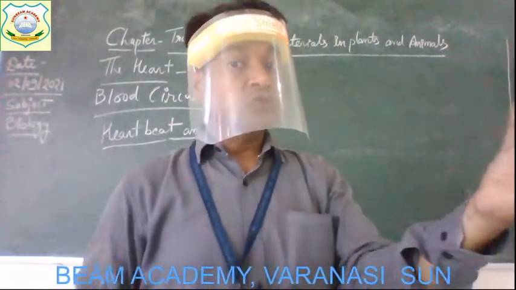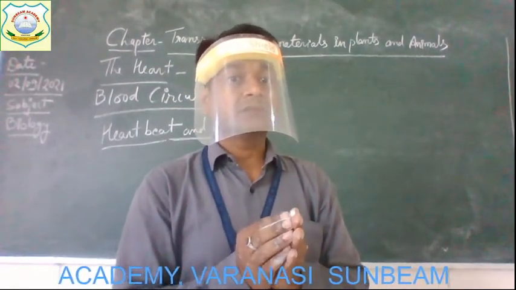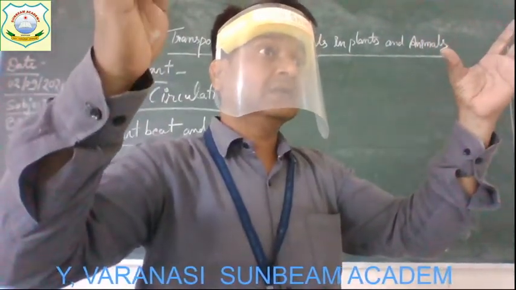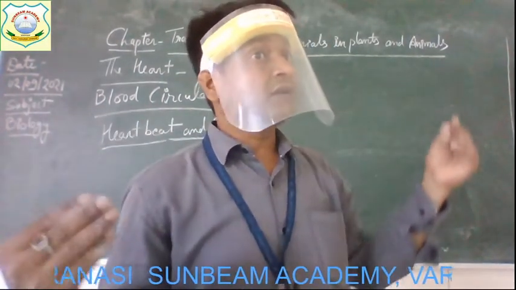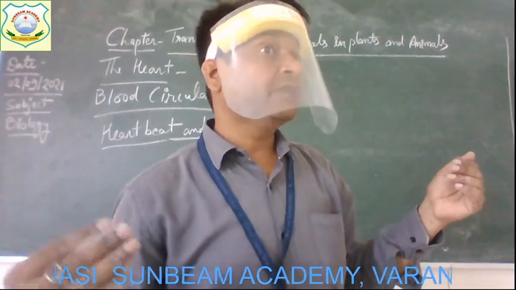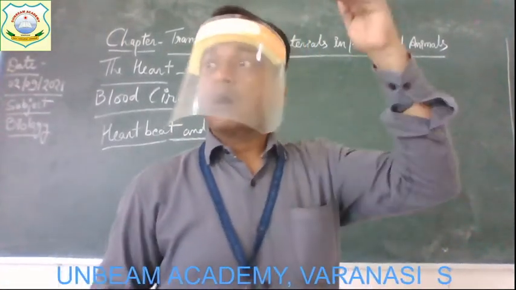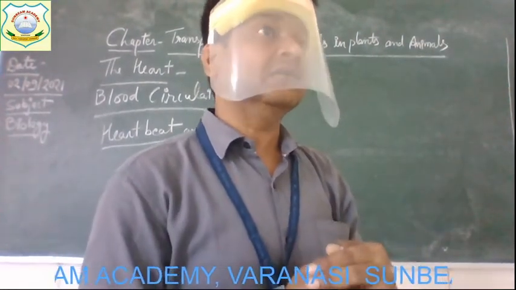Clear? And when the two ventricles contract, what happens then? The blood moves out of the heart. From the right ventricle, the blood moves to the lungs, and from the left ventricle, the blood moves to the different body parts. Okay, so auricles and ventricles contract and expand separately.